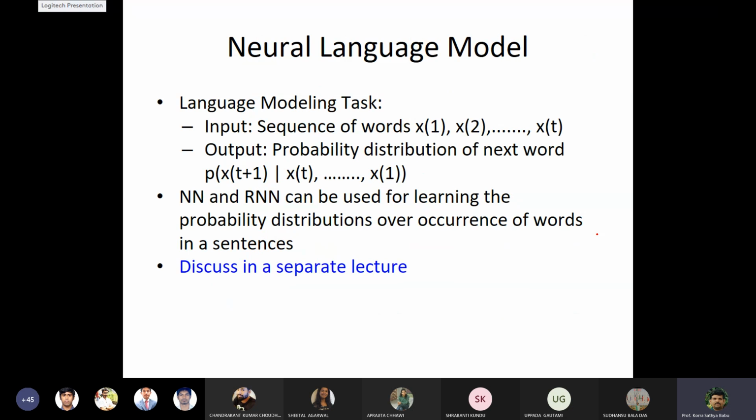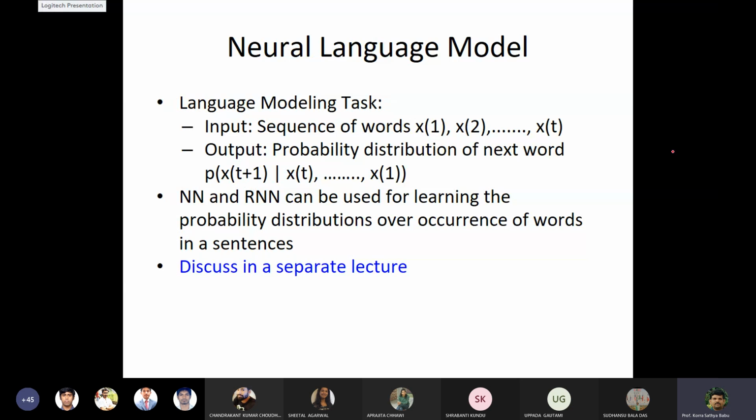Then, as advanced models, we can work with neural language modeling tasks. In a conventional language modeling task, the input given is a sequence of words, X1, X2, X3, X4, X5, up to Xt.